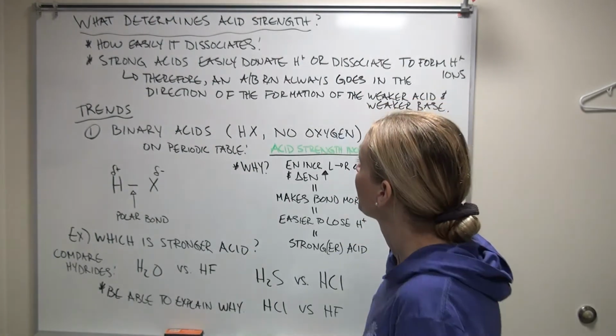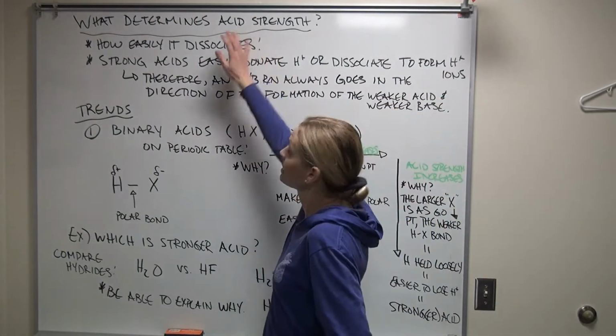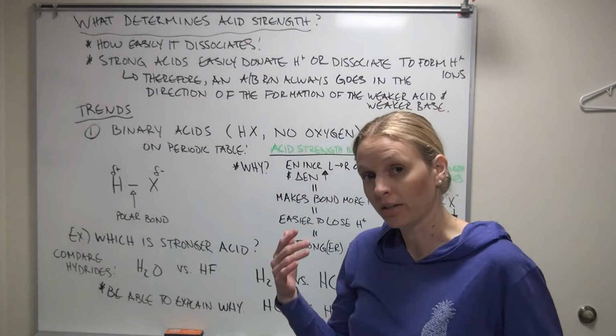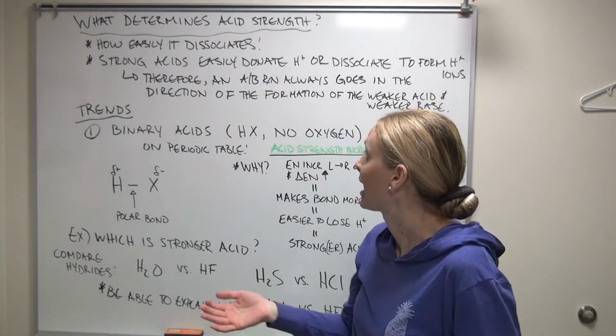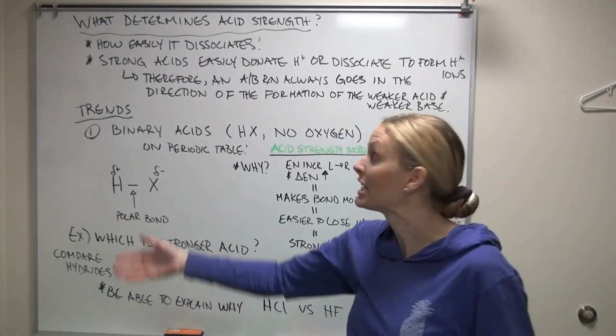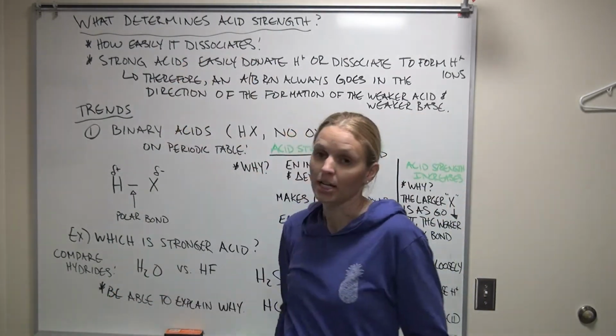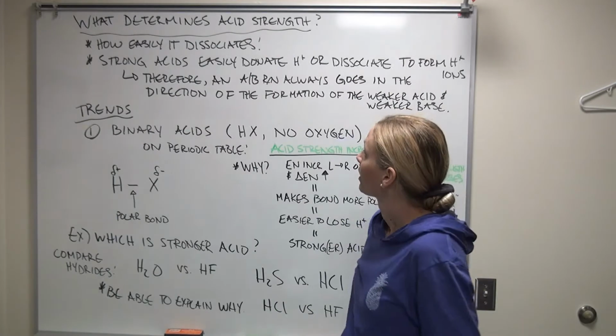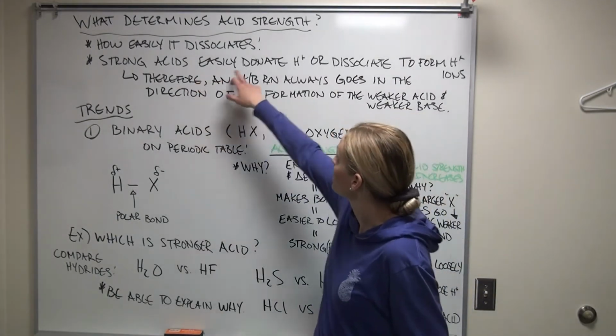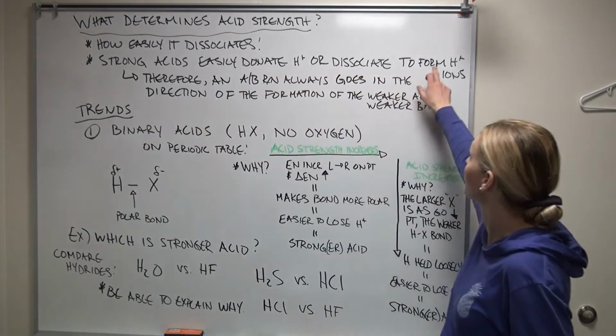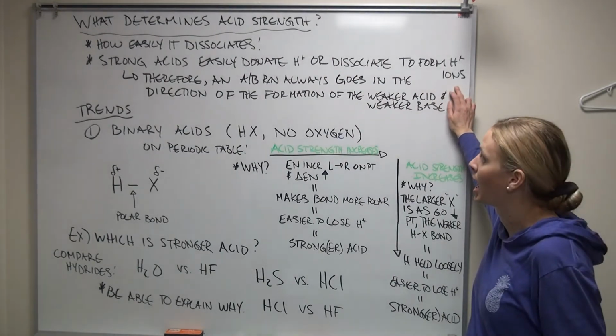So to recap, we want to think about what makes an acid strong. If we think of the definition, strong acids completely dissociate, so they easily can dissociate into their ion form. Strong acids easily donate H+ and dissociate into their H+ ions.